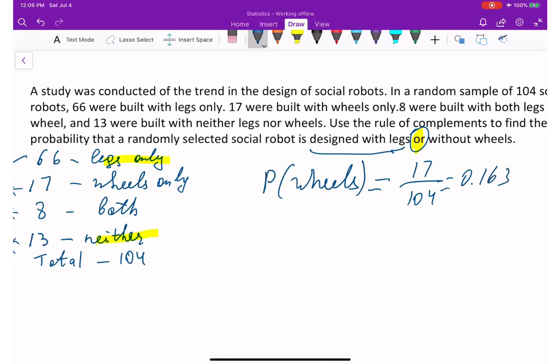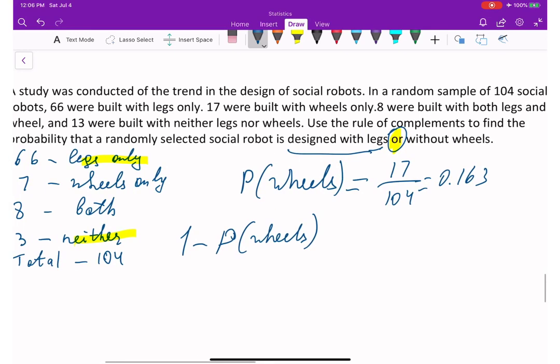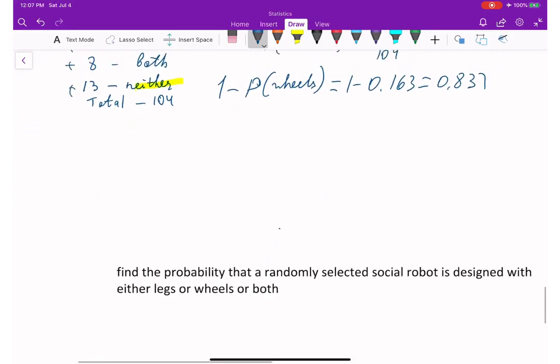And then we have to do 1 minus the probability of wheels, which will give me the rest. That will include legs or without wheels, right? And that will be 1 minus 0.163, which is equal to 0.837. Okay, and that will be the last one.